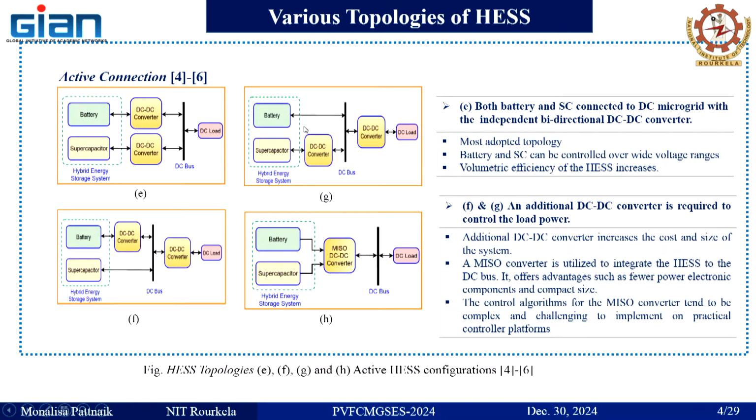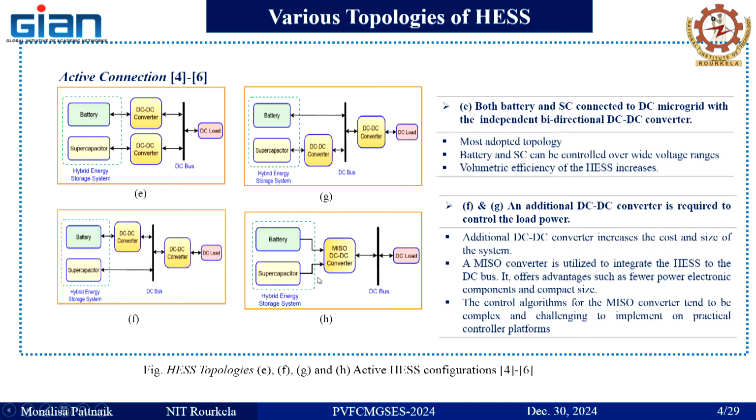Before that, I just want to show other topologies, where instead of the battery and supercapacitor both having converters, only one is connected through the DC-DC converter. If you see F and G, after controlling the DC bus it is connected to the load through another DC-DC converter. So, DC bus voltage regulation as well as one of the storage units is controlled properly.